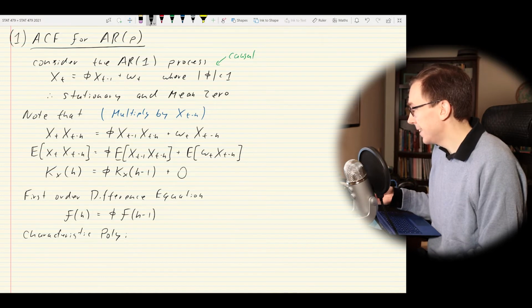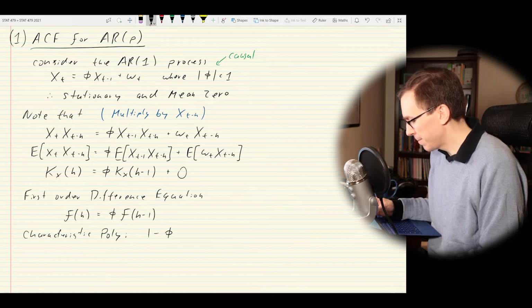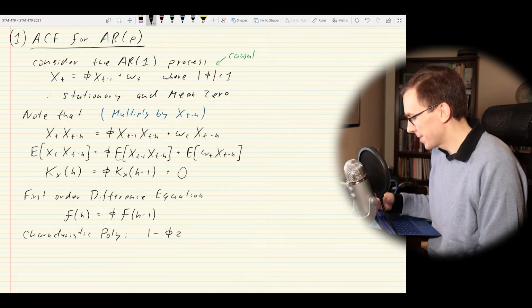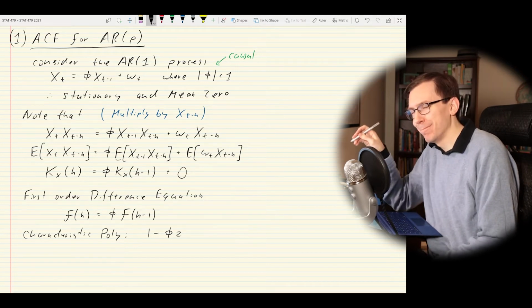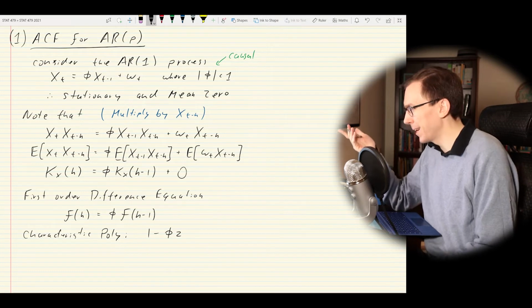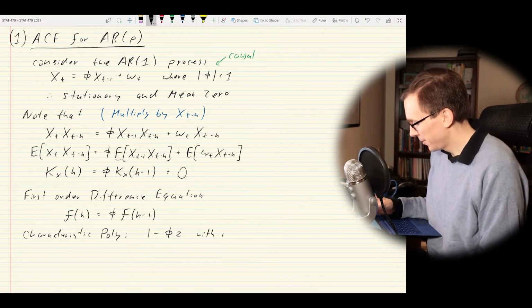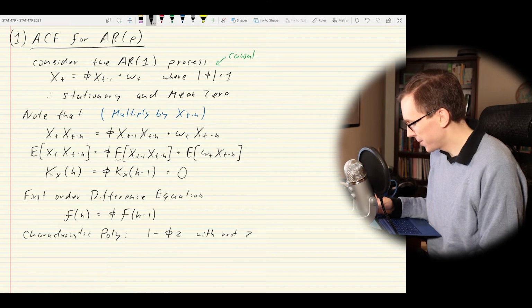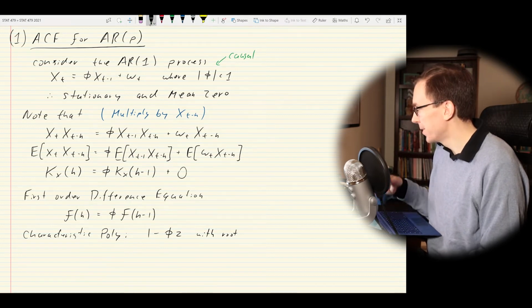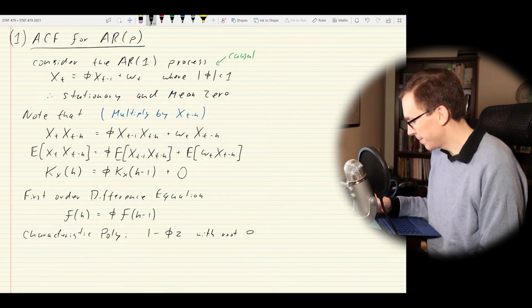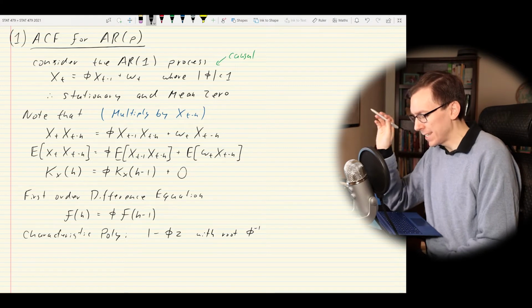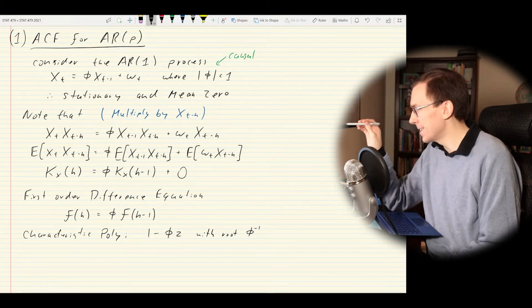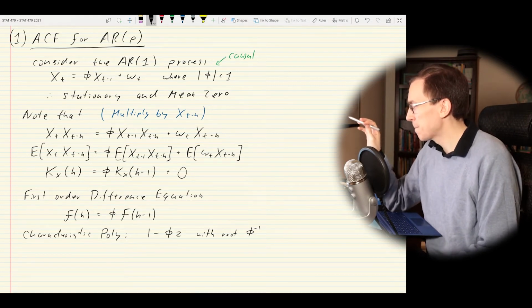That is going to be the same thing we would get from our autoregressive polynomial or operator, with root phi to the minus 1. So we have a single root, which is when z is equal to phi to the minus 1.